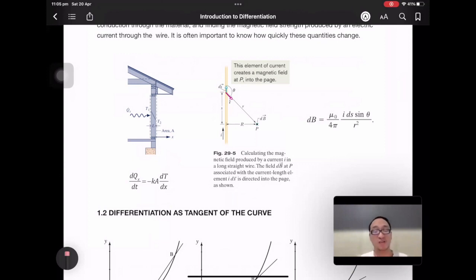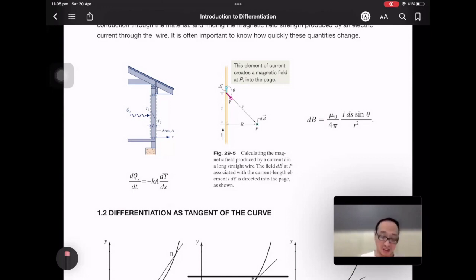We know that a wall is an insulator, but it still conducts heat. Maybe the rate of conduction is very small, so we can still consider it an insulator. But mathematically, if we want to find the rate of heat, we can use differentiation.